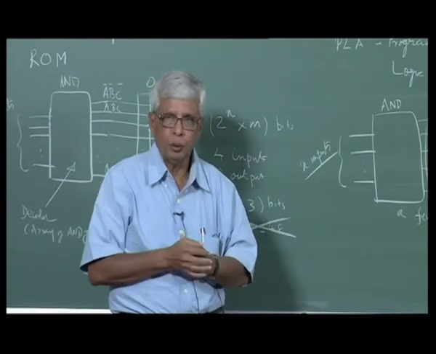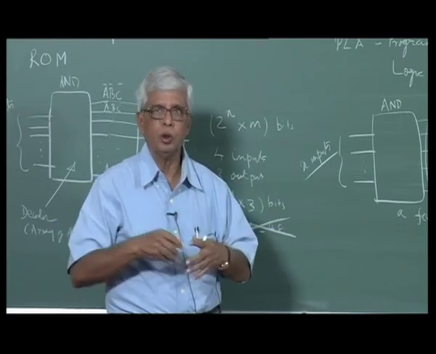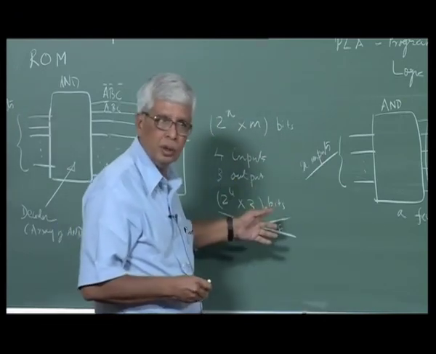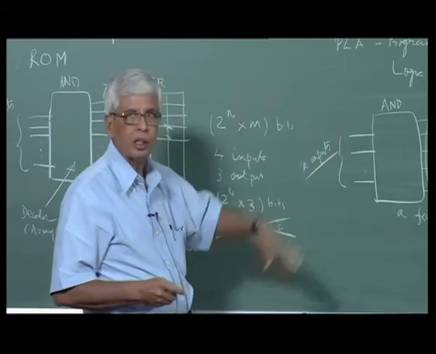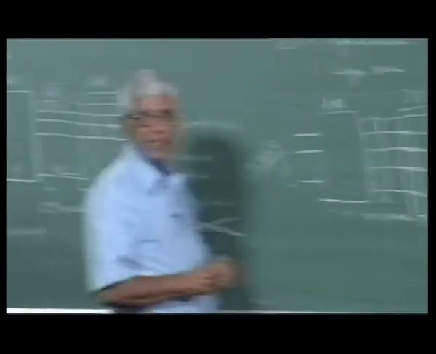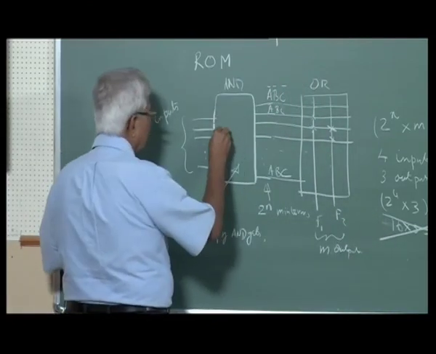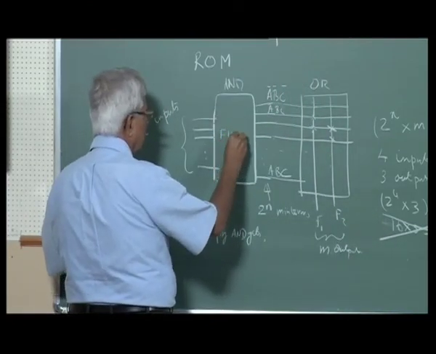Out of 4 outputs, 1 or 2 or 3 product terms will be used, whereas I have so many product terms. Instead, I will only generate those product terms which are required. This is what is known as a programmable logic array. Here this is fixed and this is fixed. This is programmable.